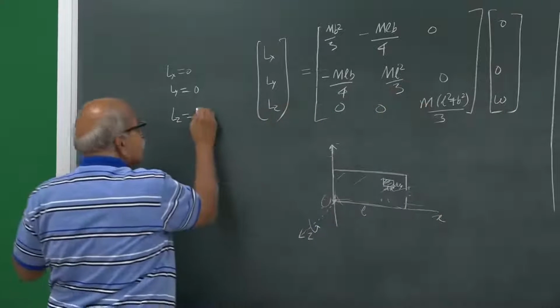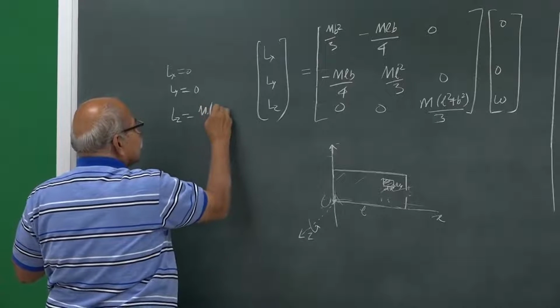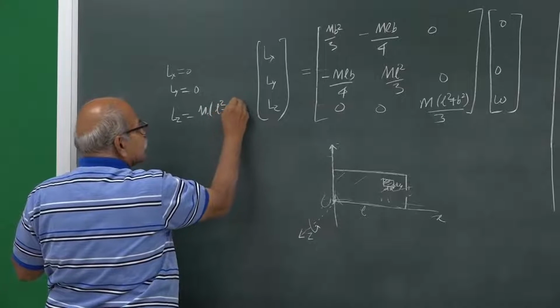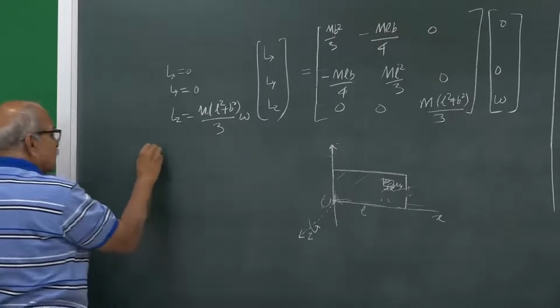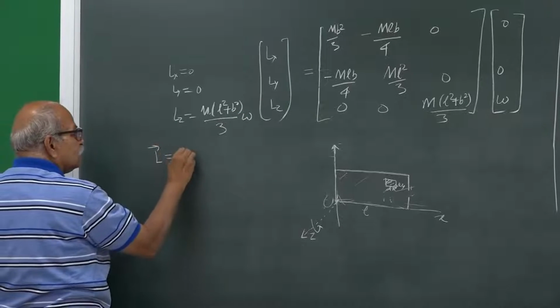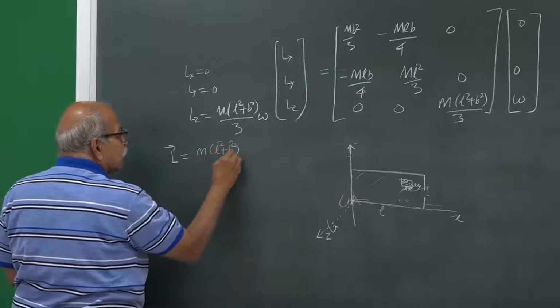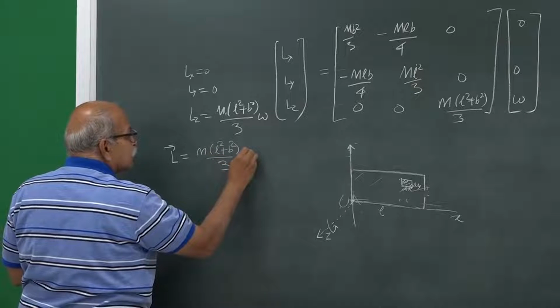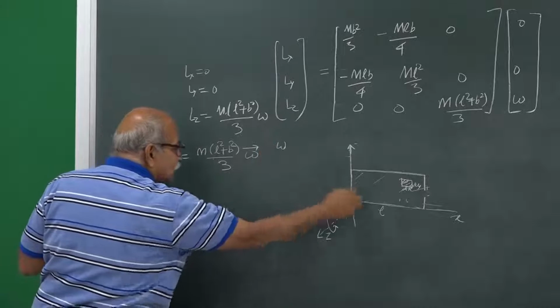Lz is this into this plus this into this plus this into this. So, this is m, (L square plus b square) divided by 3, and then omega. So, L is m(L square plus b square)/3 times omega vector, because your omega is only in z direction.